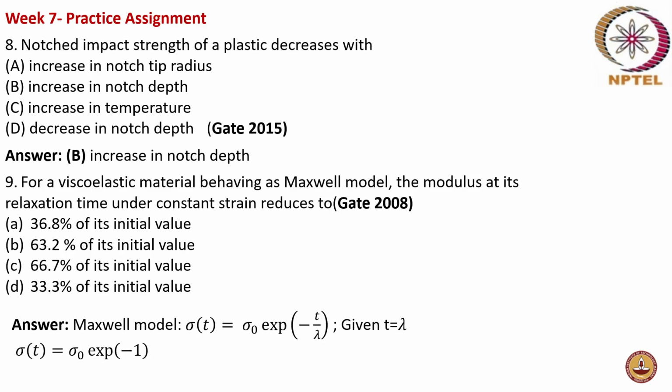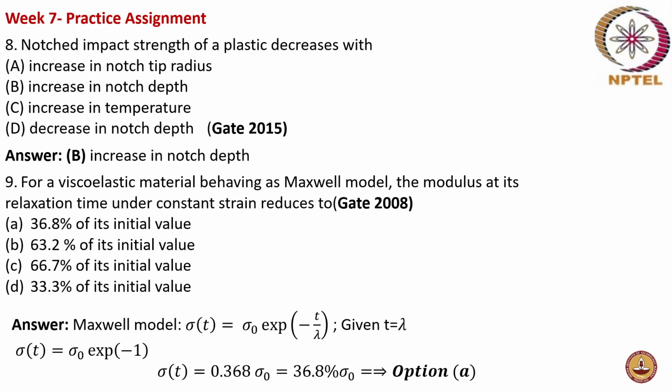That means t by lambda is nothing but 1. So you have sigma of t equals sigma naught into exponential of minus 1. So you get sigma of t equal to 0.368 of sigma naught. So sigma t reduces to 36.8% of its initial stress.